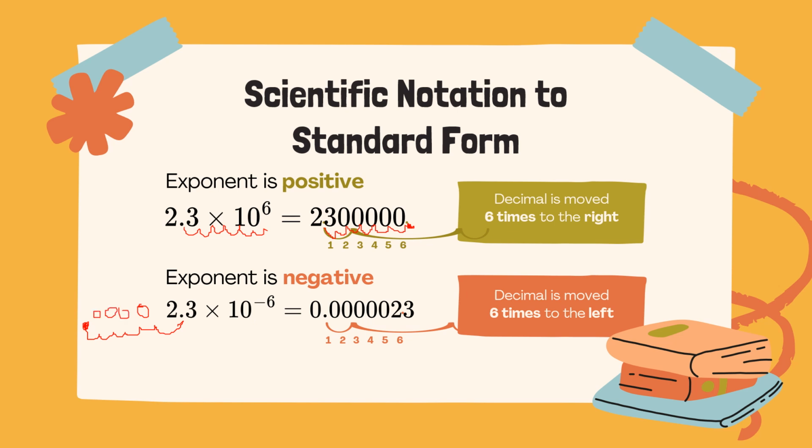You can see over here, more neatly than what I did, 1, 2, 3, 4, 5, 6. They have moved the decimal 6 spots to the left. So once again, positive exponents to the right, negative exponents to the left. Sorry, those are some terrible arrows.